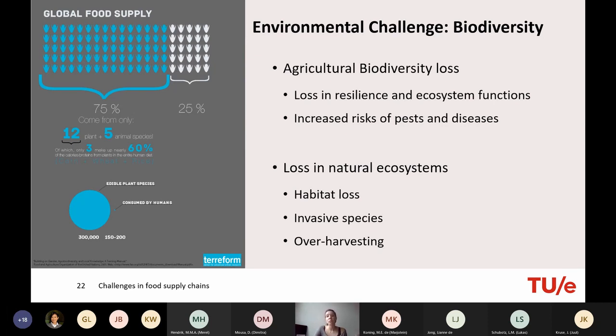In addition, we only use a very small amount of species within our agricultural production. So there's an agricultural biodiversity loss. And that leads to a loss in resilience and ecosystem functions because, for example, we lose a lot of the microorganisms in the soil, and then our soil becomes less healthy and so on. And that leads to increased risks of pests and diseases overall.